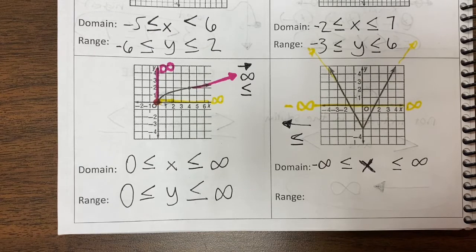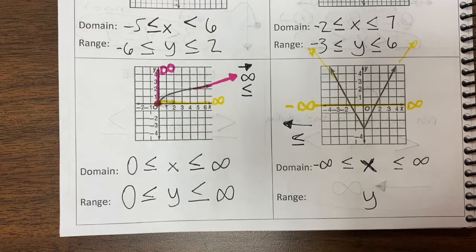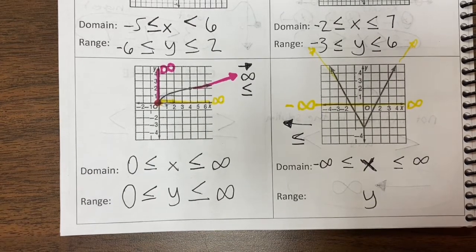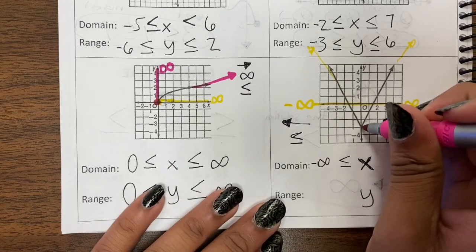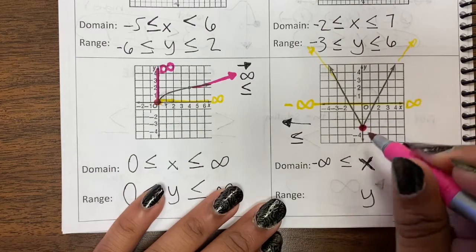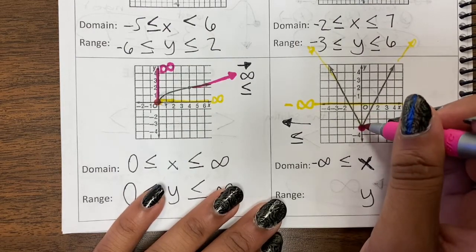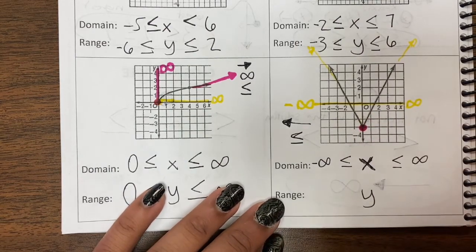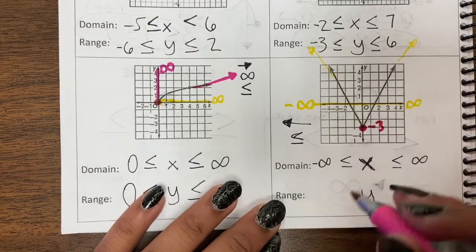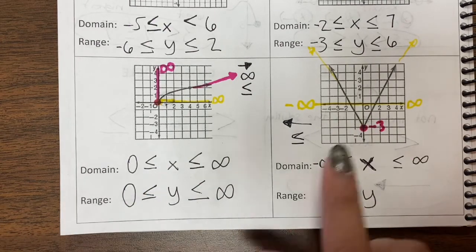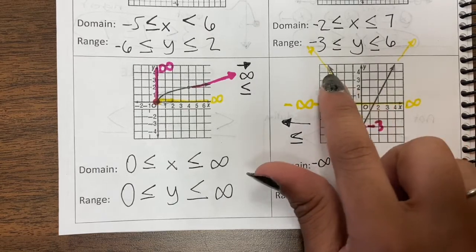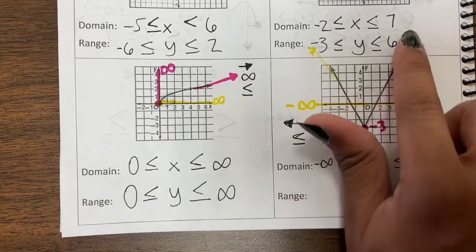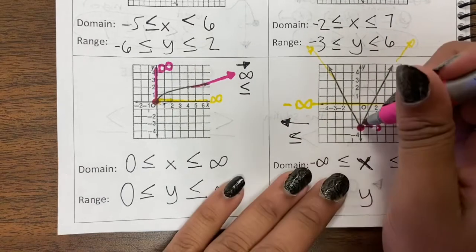Range is the set of all y values. So we want to see how low to how high does this graph go. And it looks like the lowest point is right here at -1, -2, -3, at -3. And that's a closed circle, remember, that point is included. And this graph is going to continue going up because I see these arrows going up forever.